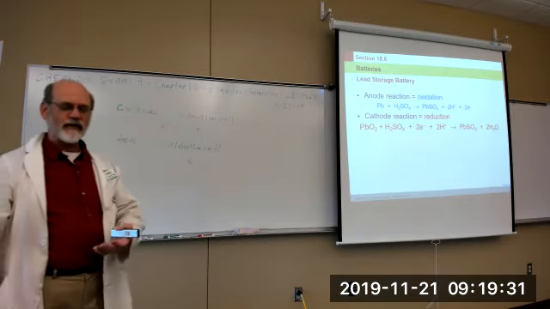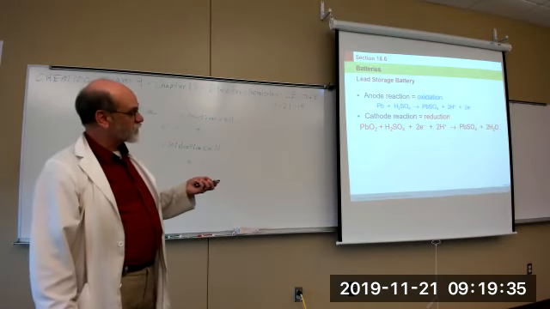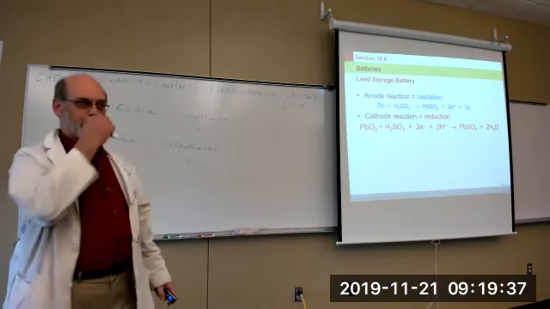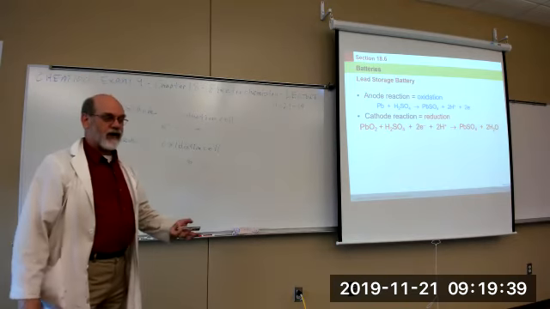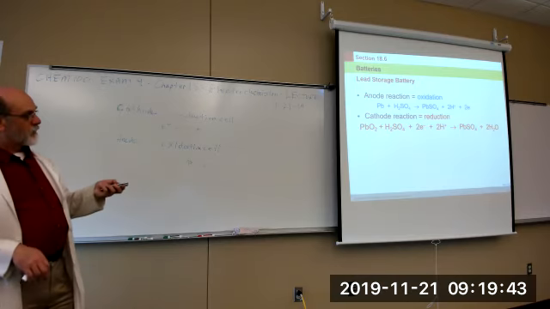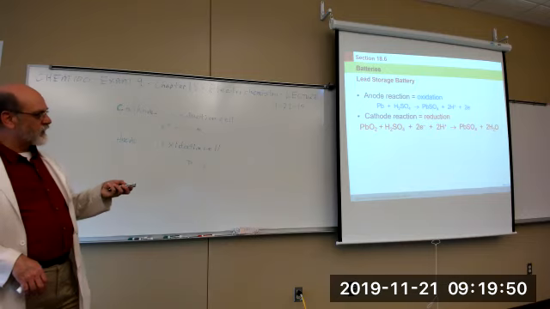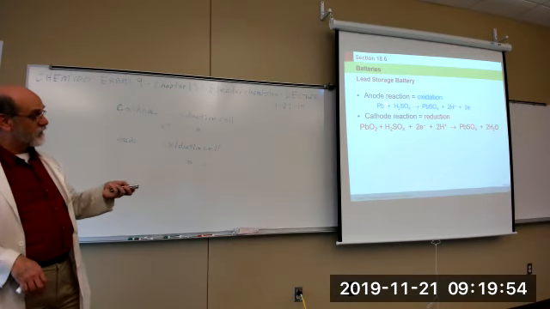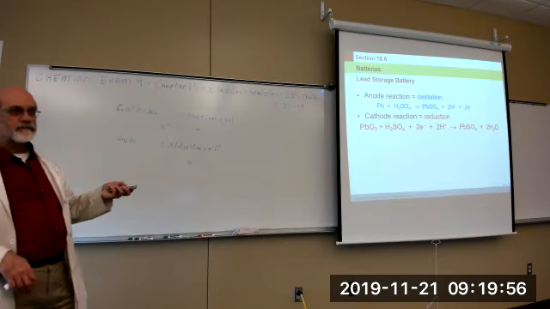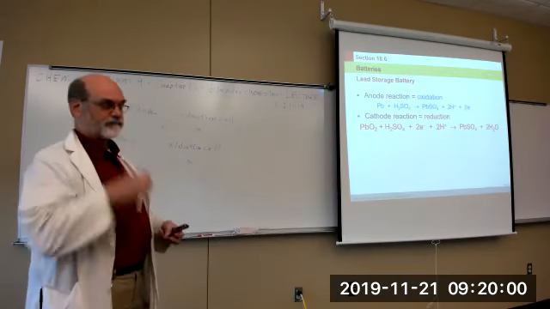Once the engine starts, it runs that alternator, and the alternator supplies electrons to drive those reactions backwards. That's called charging the battery. You put it back to a state where all the lead is returned to this condition, and all the lead sulfate is returned. The lead sulfate comes back to this one for that cell, and it comes back to this one for that cell. And it's ready to run again at full charge.